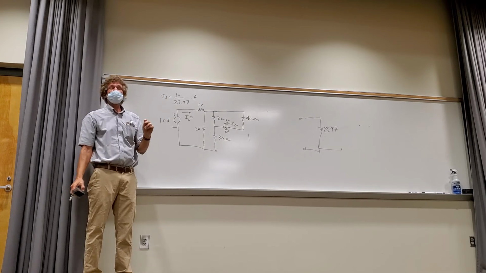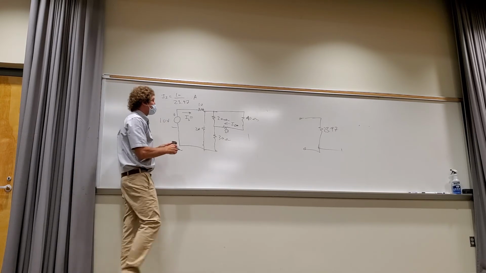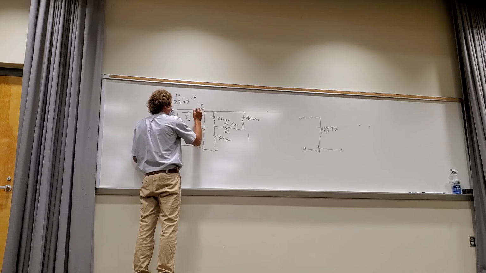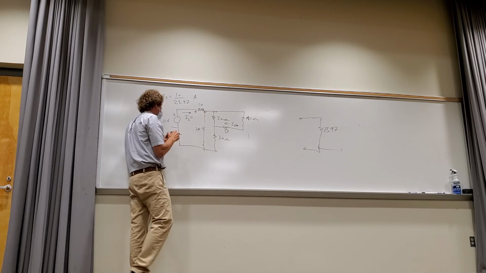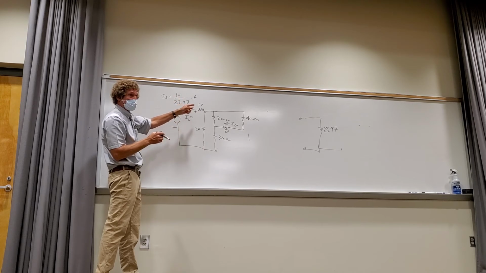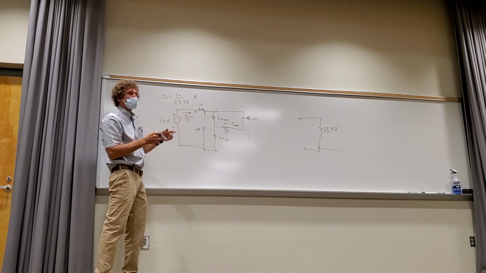It's Kirchhoff's voltage law, but I'm just showing you commonsensically how you figure it out. The voltage drop here would be that current times 10, right? So it'd be 10 times whatever that is, or 100 divided by 23.97.